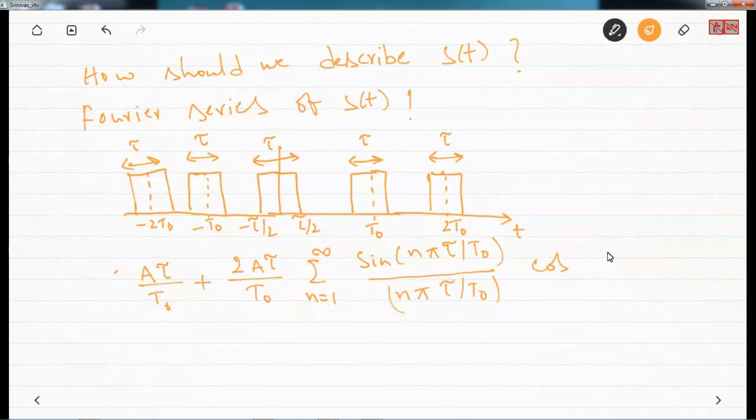Sorry, I went very far. Right, the Fourier series of this signal is given by this.